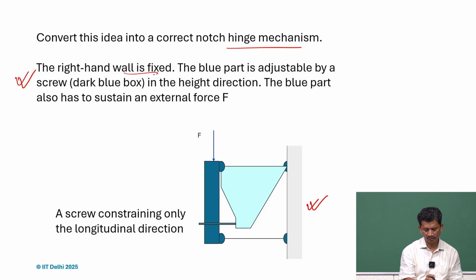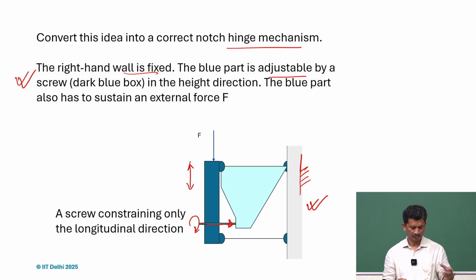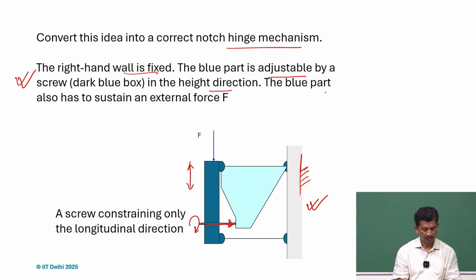This part is fixed, and the blue part has to be adjustable, and it is adjusted by this screw. We can turn it and apply a force here so we can adjust the height. And the blue part also has to sustain an external load F.